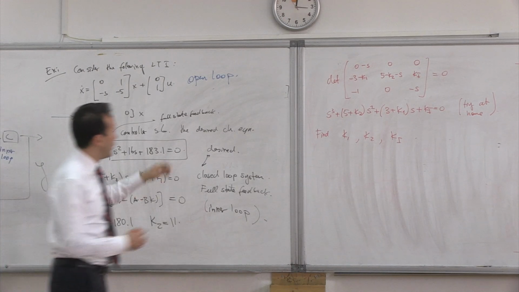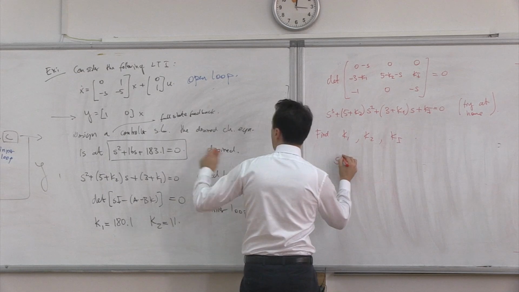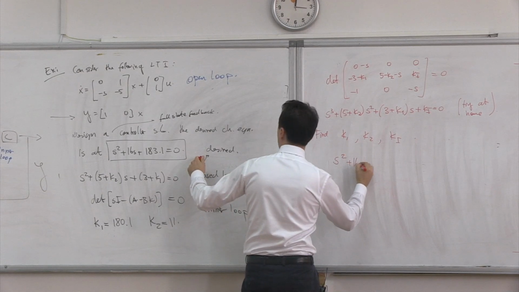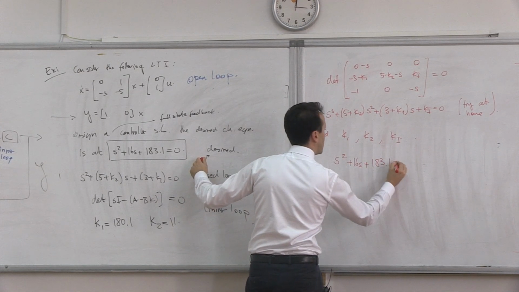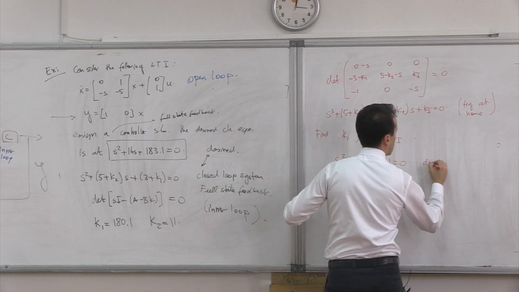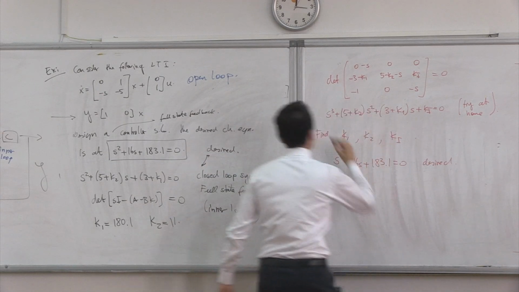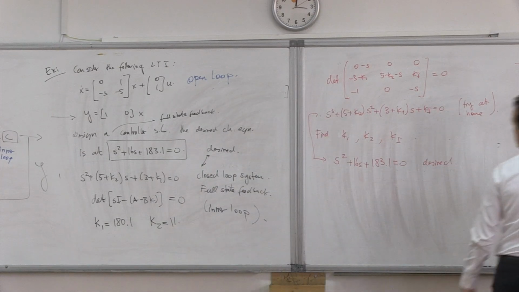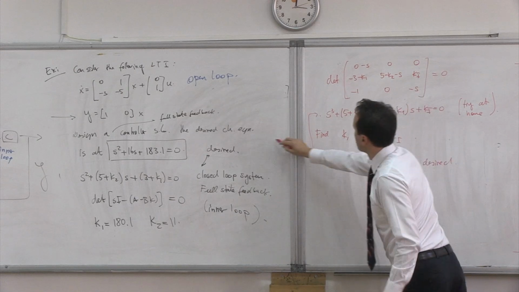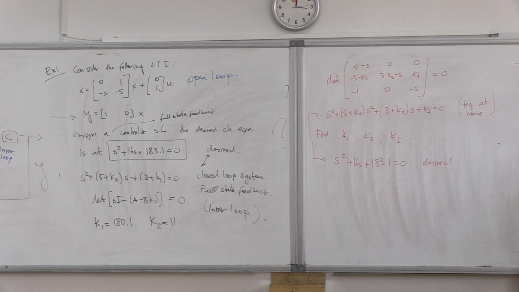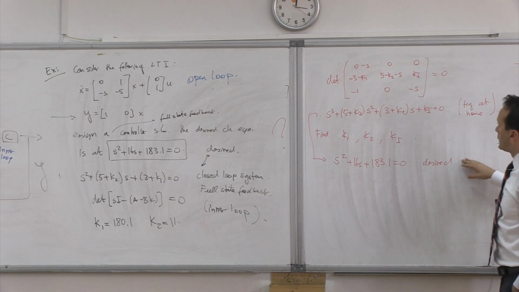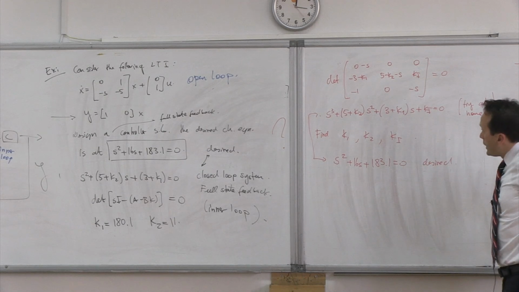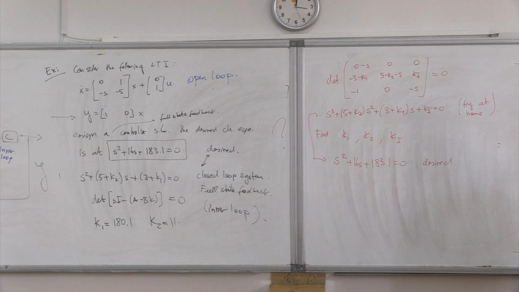But now the desired equation is S squared plus 61S plus 183.1 equals 0, and this is the desired. Question is, how are we going to match these two? Because you have a second order system and a third order system. The desired one is a second order system, and the other one is a third order system.